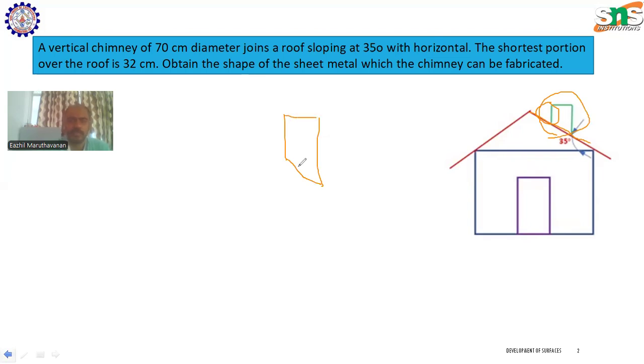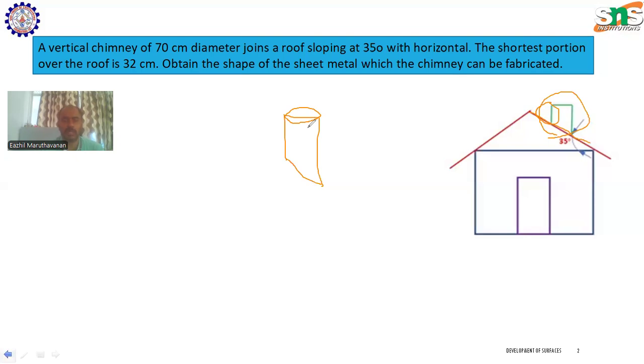This is the front view of the chimney when we draw it separately. The chimney is of cylindrical shape. The upper portion of the cylinder is what we have to develop.